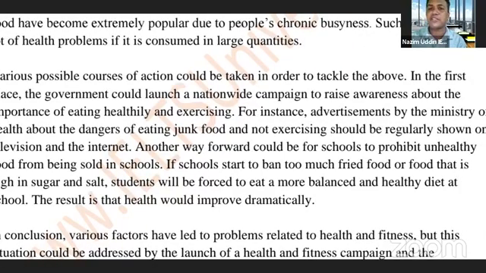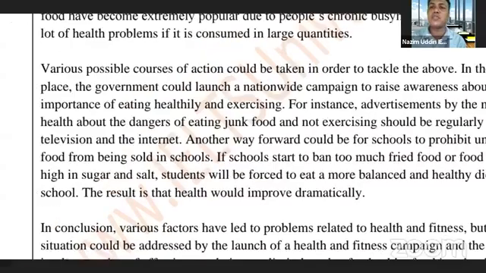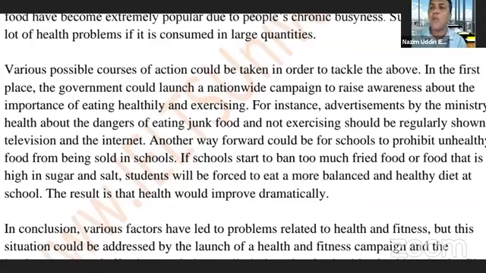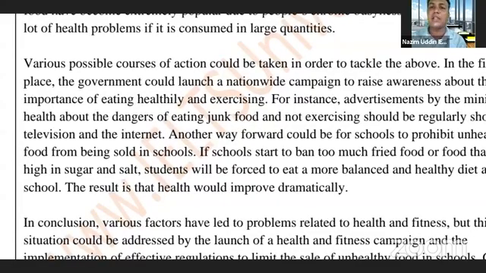In the first place, government could launch a nationwide campaign to raise awareness about the importance of eating healthily and exercising.